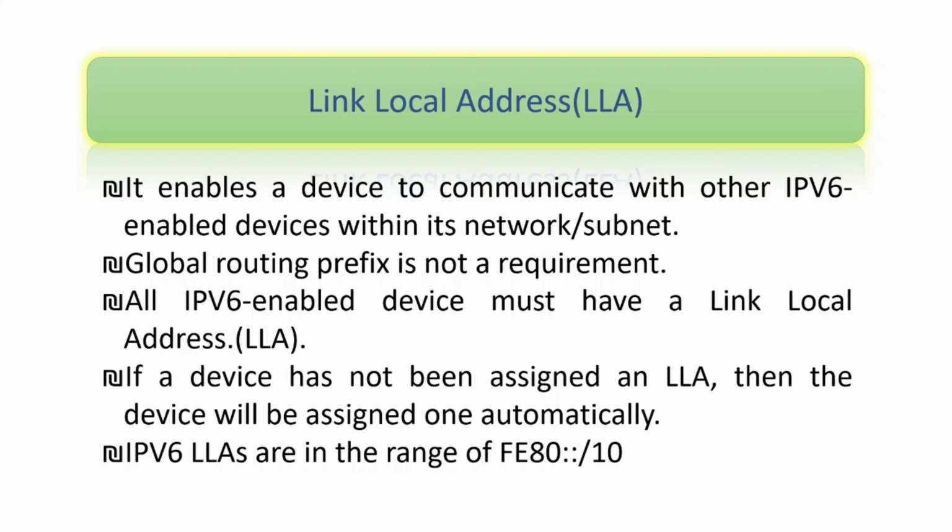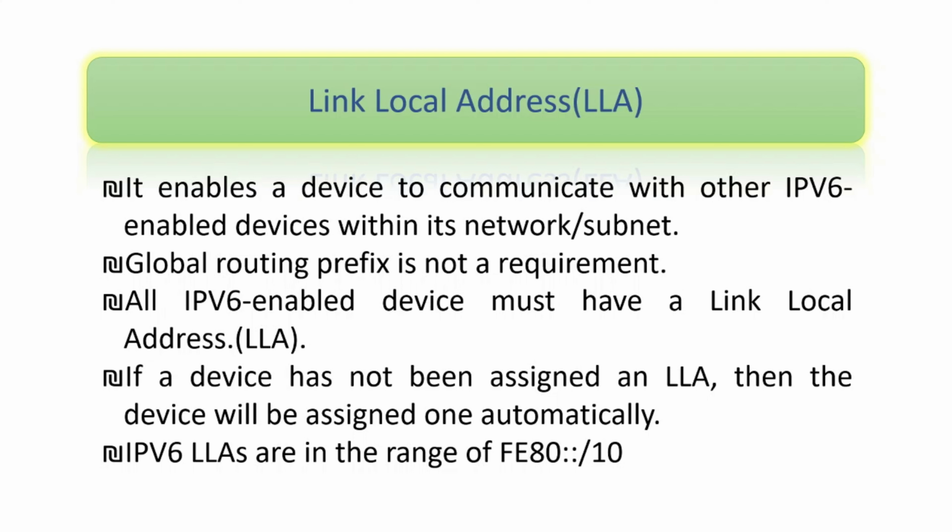Within that same LAN, it can communicate with all the devices, including the router. If we have only a link local address, it is for our network only. It's not going to go outside the network, so a global routing prefix in that case will not be a requirement.